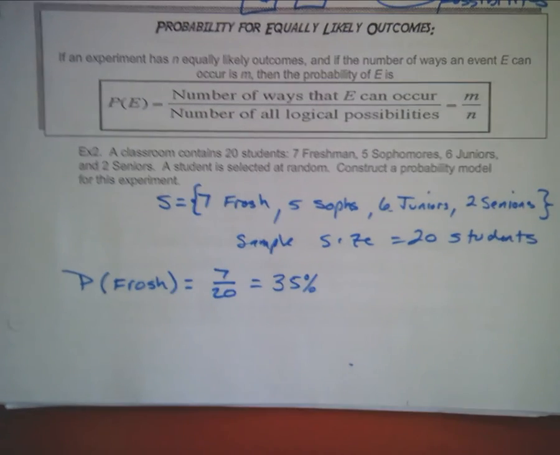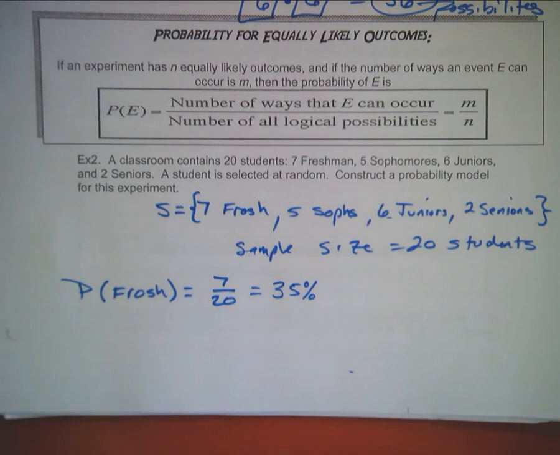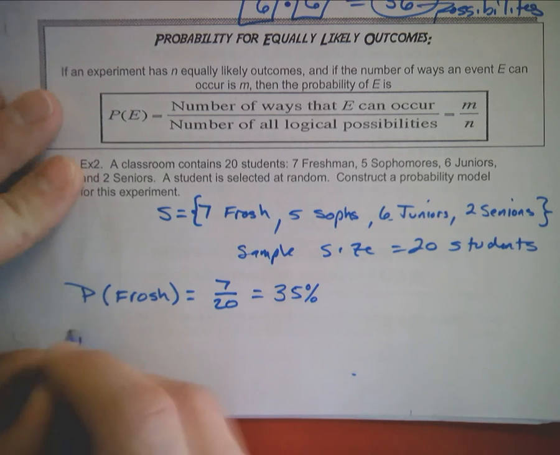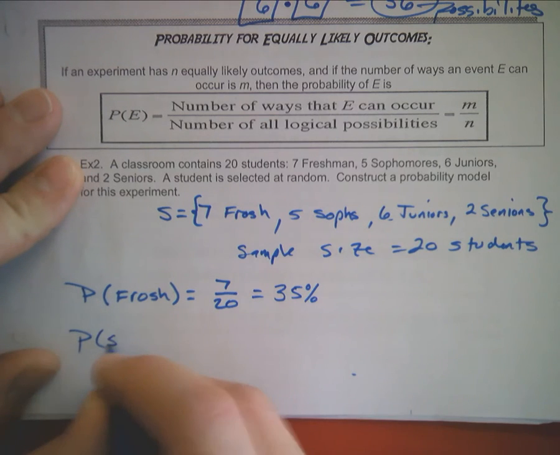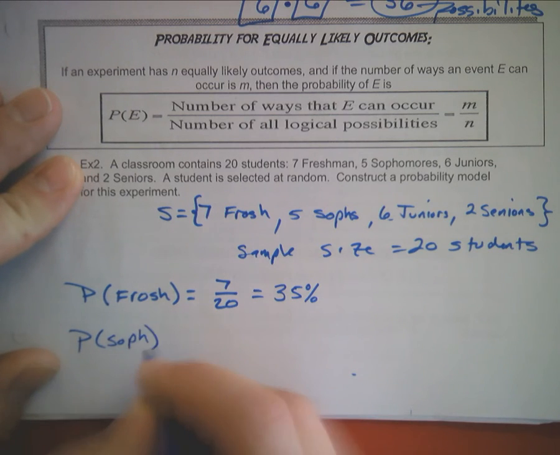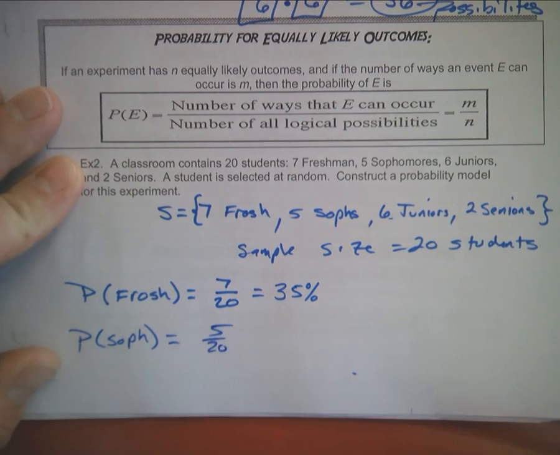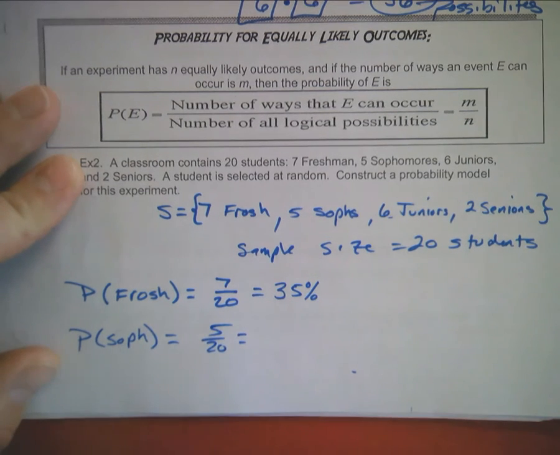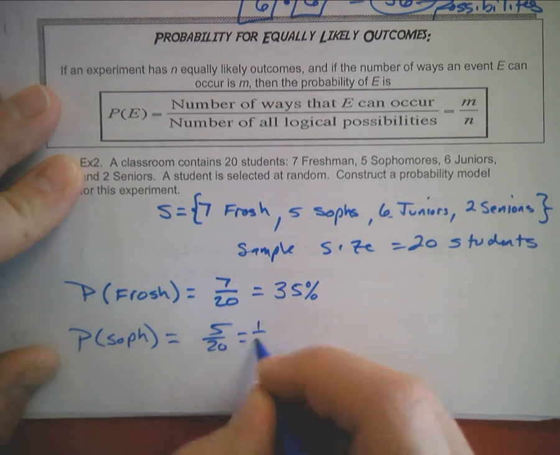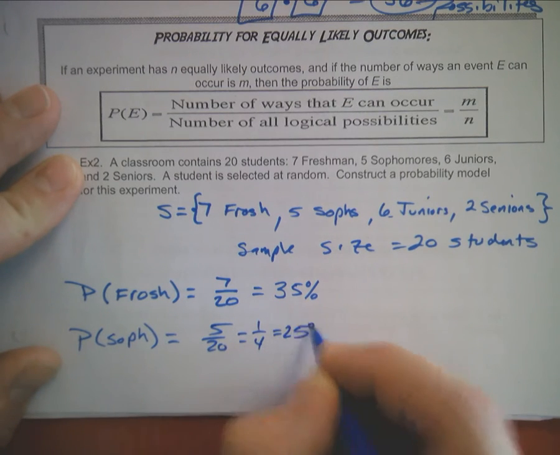That's okay. So we go through and we do that for everybody. I look at my sophomores. So probability of a soph: there's 5 sophomores out of 20. Now again, if they want fractions, don't give 5 out of 20. They always want you to simplify. So reduce it. And that's 1/4, which we all know is 25%.